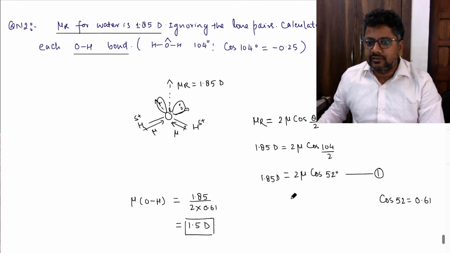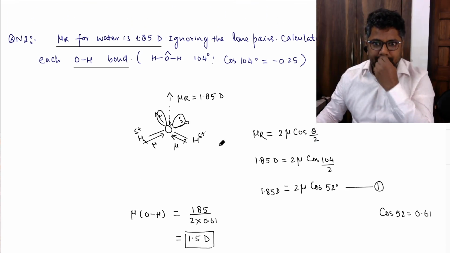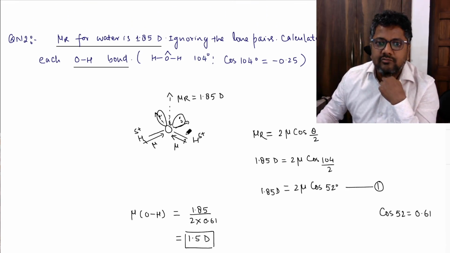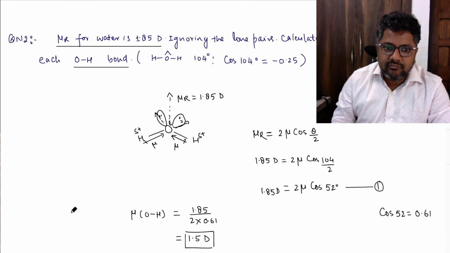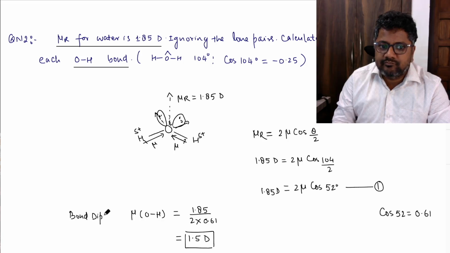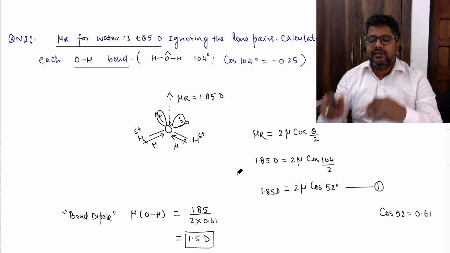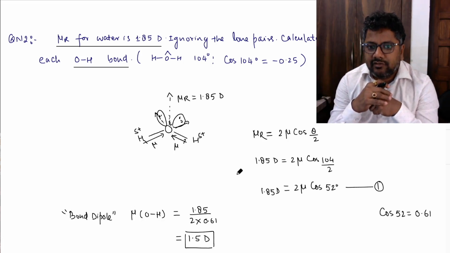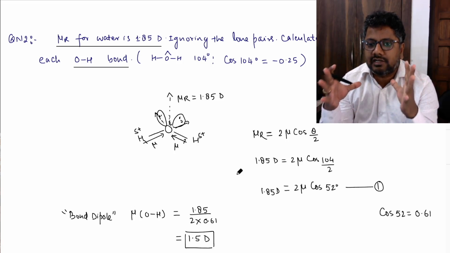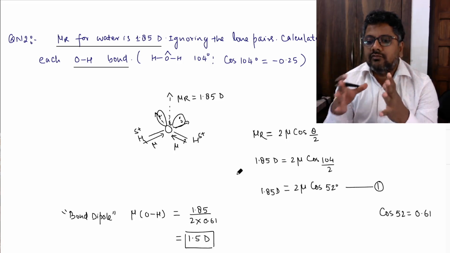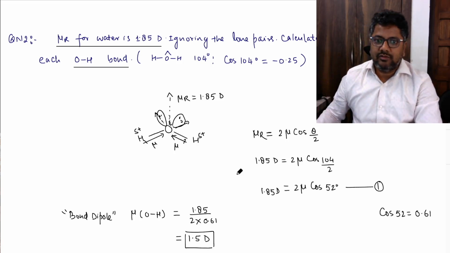In this way you can calculate the individual bond moments. So this is called a bond dipole. Hopefully all of you are clear in this calculation about what the resultant dipole moment is, what the dipole moment of a molecule is, and what the bond dipole is, right?